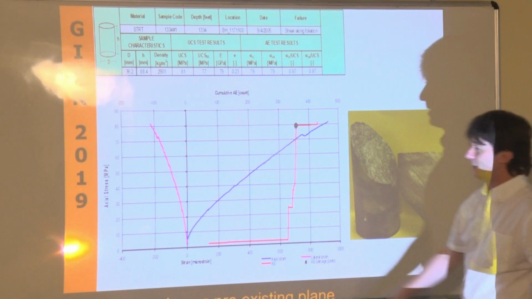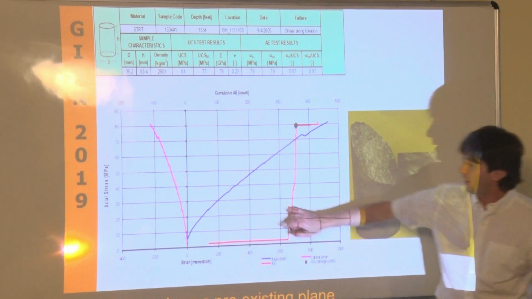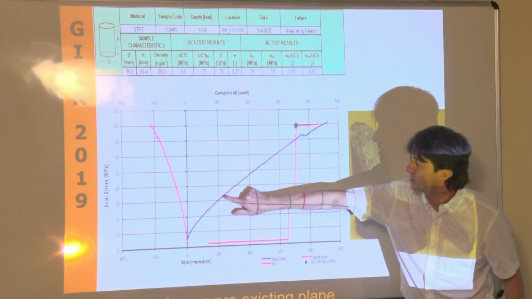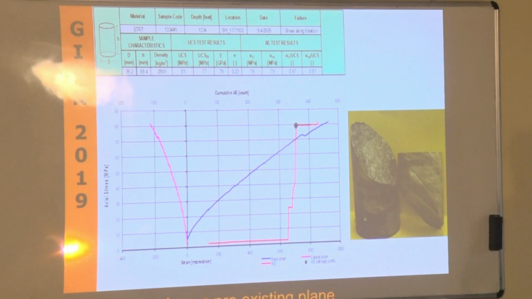This line is almost always curved, while you have sort of a straight behavior from the axial point of view. The axial strain is linear, the lateral strain is not. What does it mean? That you don't have one single value of Poisson ratio.